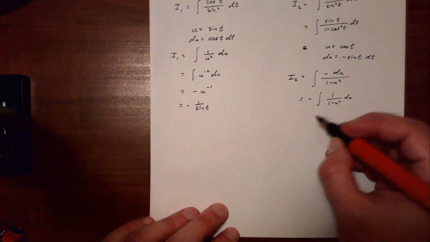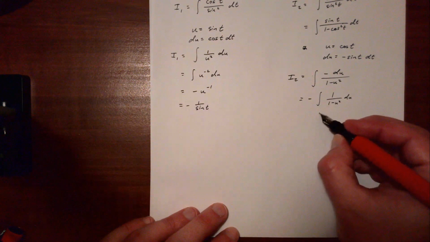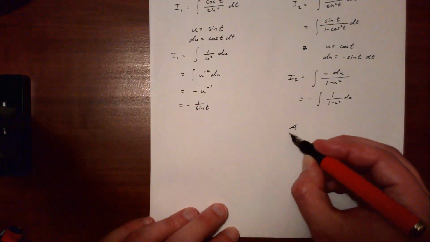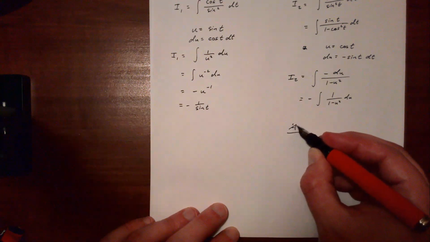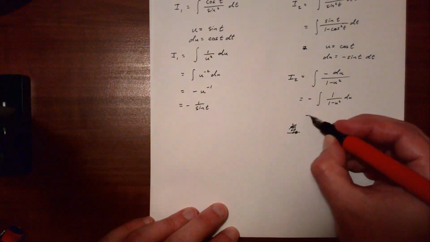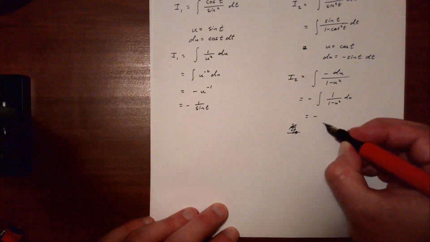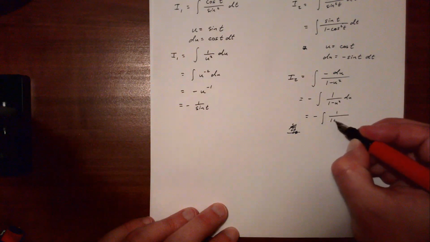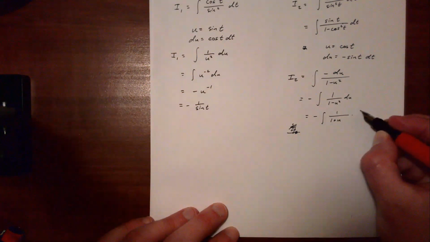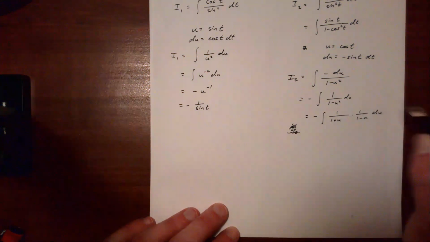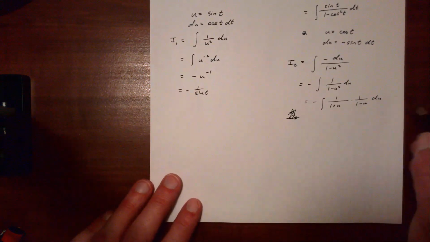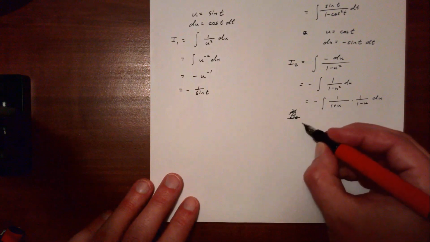Okay, so let's just think about this for a second. This is negative integral 1 over 1 plus u times 1 over 1 minus u du, which means we can use partial fractions to evaluate this.